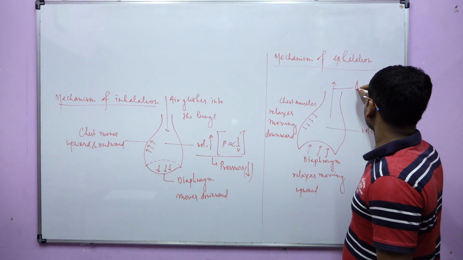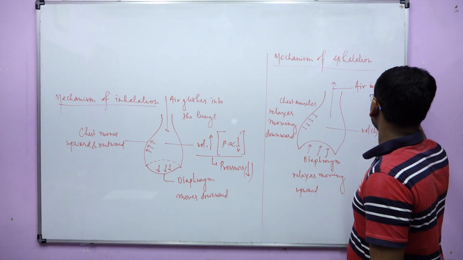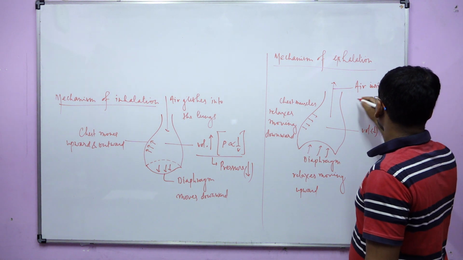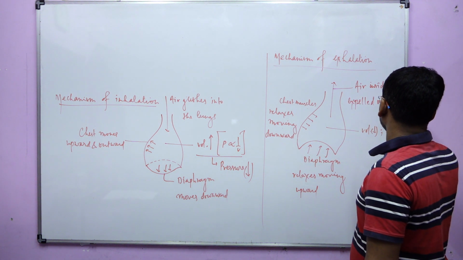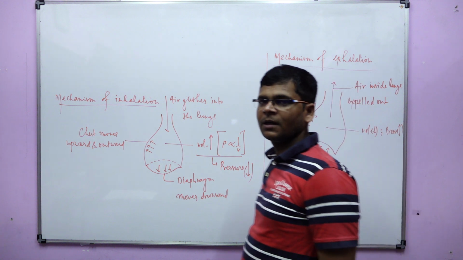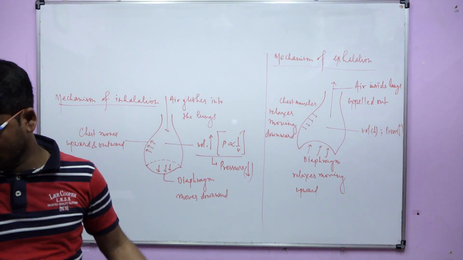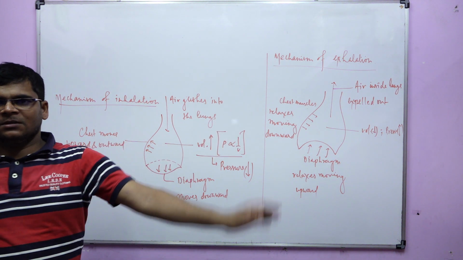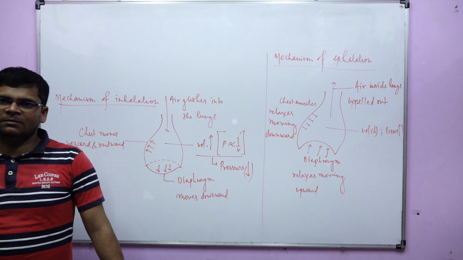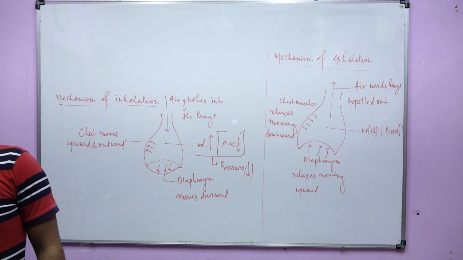So air inside the lungs is expelled out. This is what happens during inhalation and exhalation, as we have seen. So these are the two mechanisms, mechanism of inhalation and mechanism of exhalation, that we have understood.